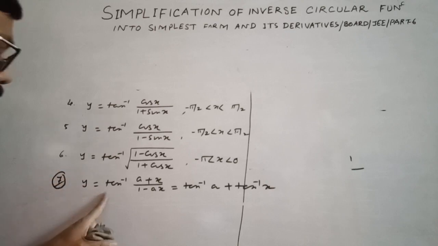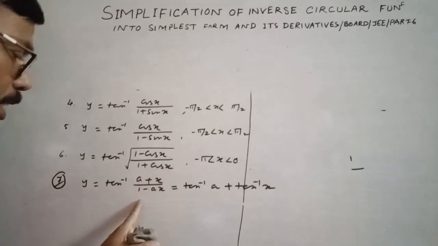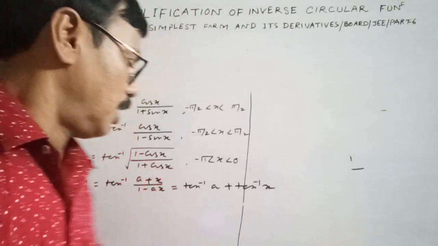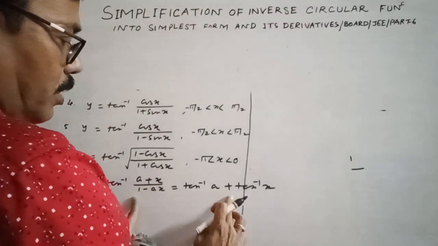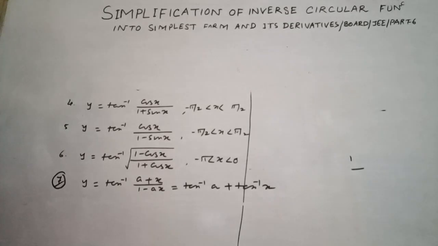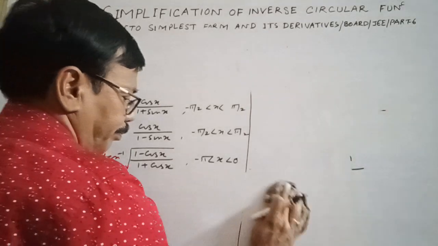Problem number 7: tan inverse of (a plus x) by (1 minus x). You can expand it into two parts, tan inverse a plus tan inverse x. So this is the simplified form, then perform the derivative. So you complete it.